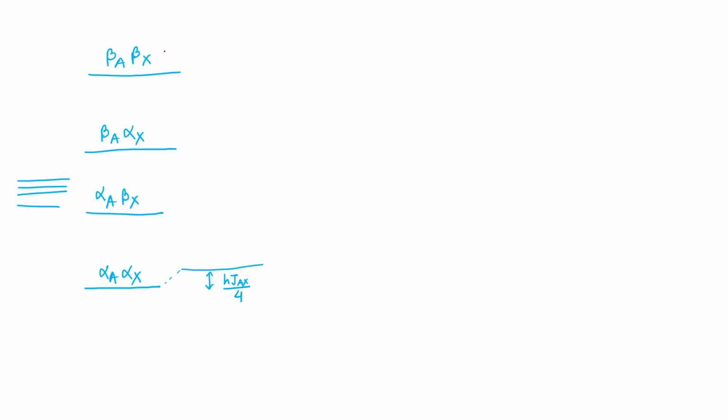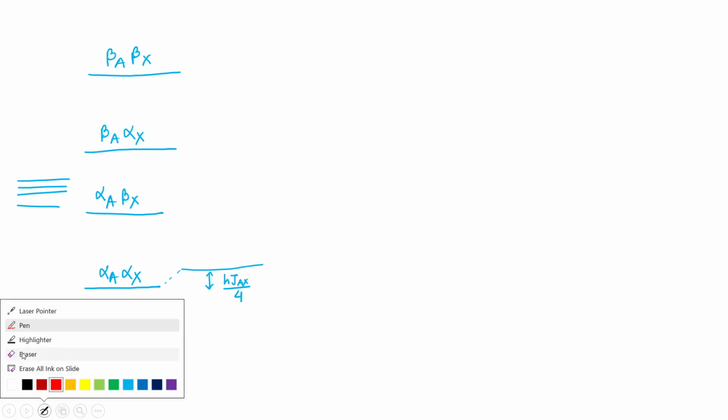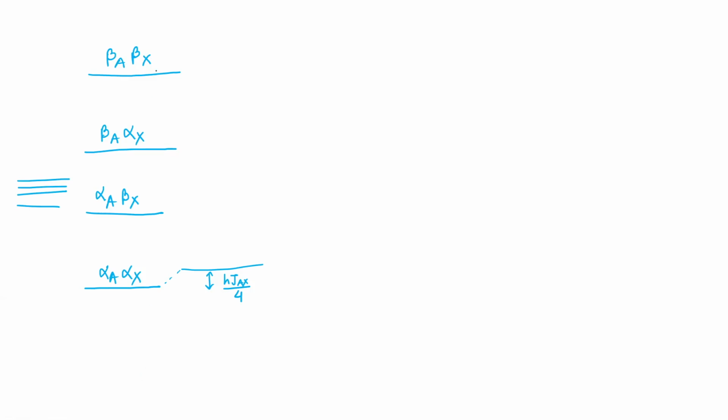So we can draw it here also, right? Beta A, beta X, alpha A, alpha X. What about these two?